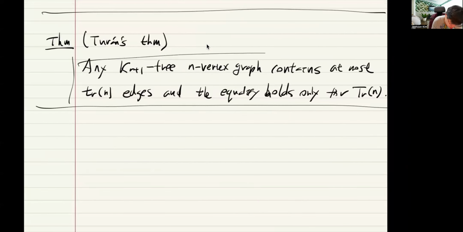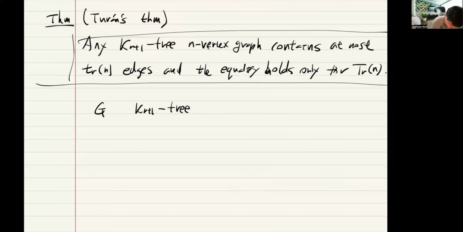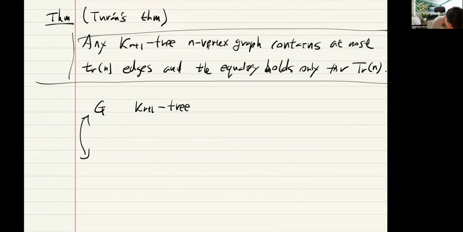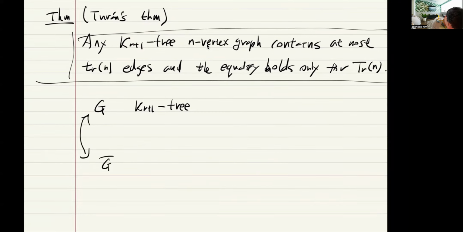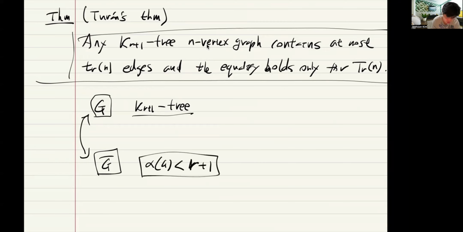And for this, if you have this G, which is a K sub r plus 1 free graph, then what happens if you take the complement? It says that G does not have a clique of this size. In its complement, it has no independent set of size r plus 1. So any independent set has size smaller than r plus 1 in this complement.